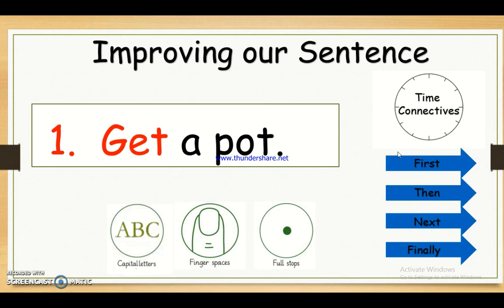Time connectives. What are the time connectives that we need to use whenever we are writing the instructions or the steps of doing something, like the instructions or the steps of making a sandwich, or the instructions or the steps of planting a flower, we need to use these words.